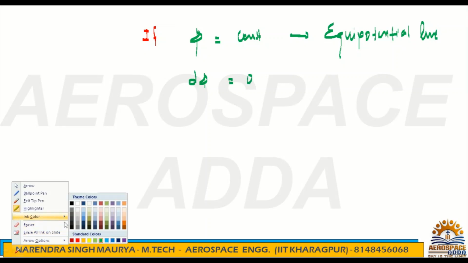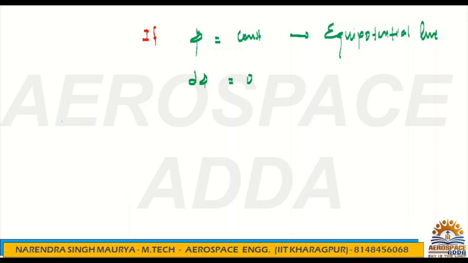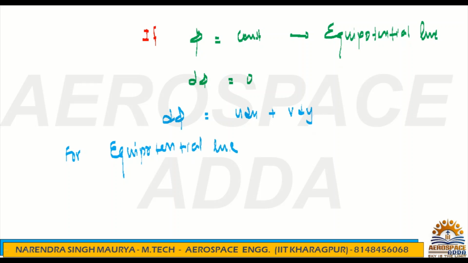So now onward we can say, whatever equation we have, d phi is equal to u dx plus v dy, for an equipotential line d phi becomes 0 because phi is constant. So it's 0 equals u dx plus v dy, right?